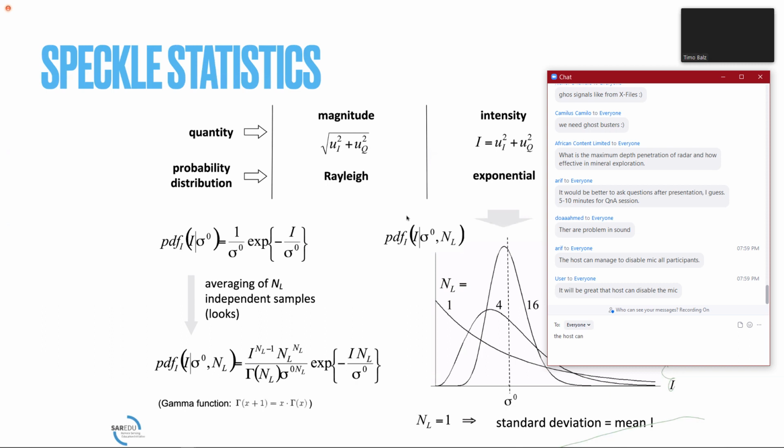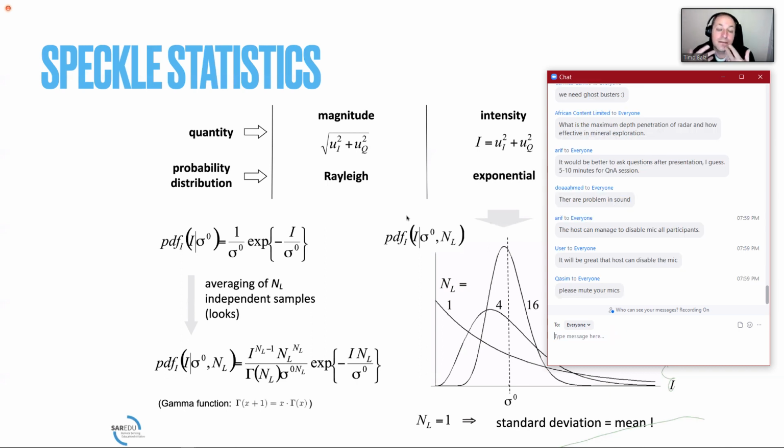Okay, I'm continuing and trying to talk about speckle. So what we do with noise, when we want to get rid of it, is always at the end a statistical operation.